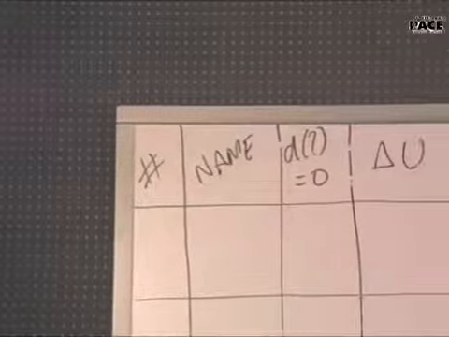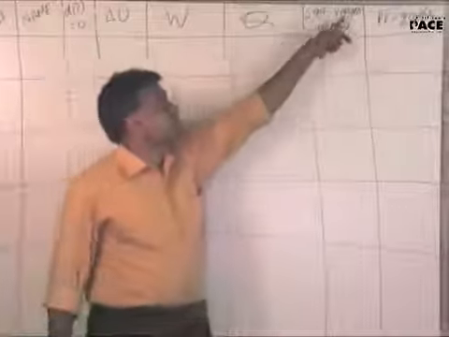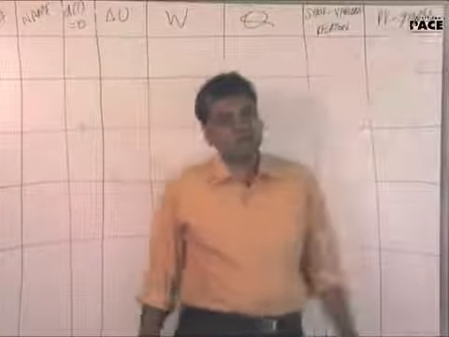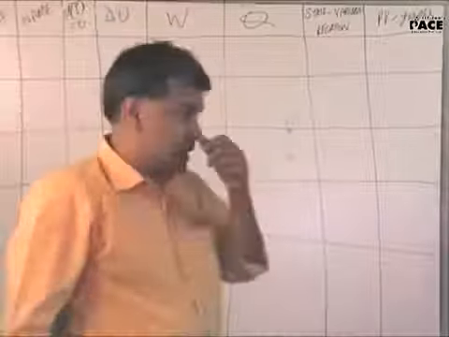You can change this. This is state variable relation, PV graphs. Other things are obvious. This is dU, what is it? dQ is 0. dW is 0. Okay. So you have got these 5 processes that we have talked about, namely isochoric, isobaric, isothermal, adiabatic, and polytropic.